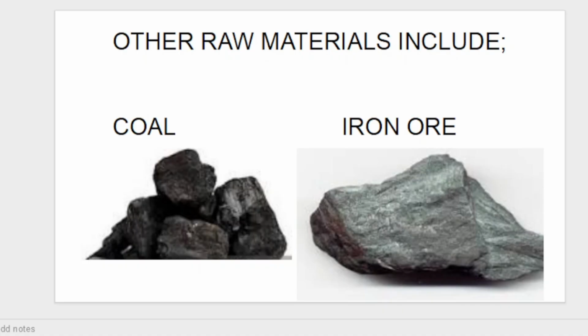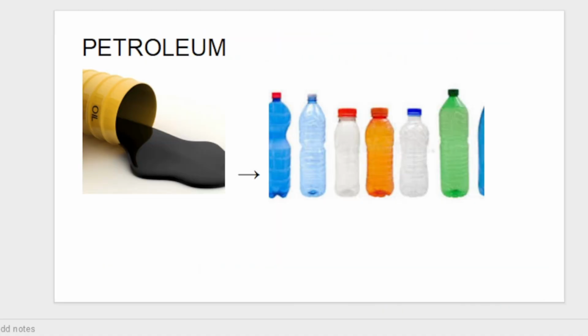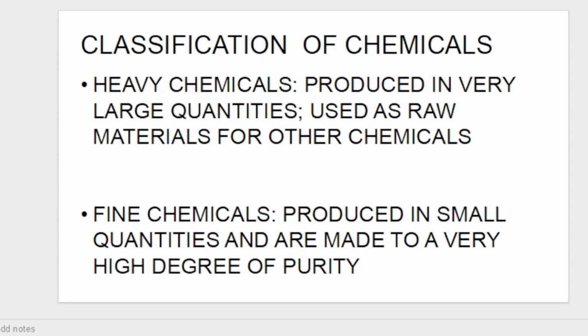Let's talk about the classification of chemicals. I want you to know that chemicals are broadly classified into heavy chemicals and fine chemicals. Heavy chemicals are produced in very large quantities. They are used as raw materials or starting materials for other chemical production.